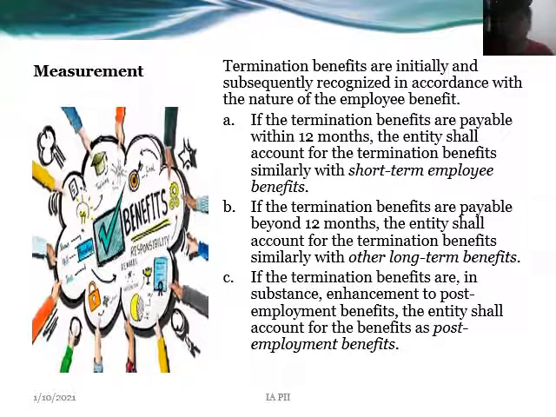The treatment is like the regular benefits, the accounting for employee benefits. Actually, this is the easiest treatment among employee benefits, the short-term one. And of course, the most complicated is the post-employment benefit. The same goes for other long-term benefit, because in other long-term benefit, it is also like that.